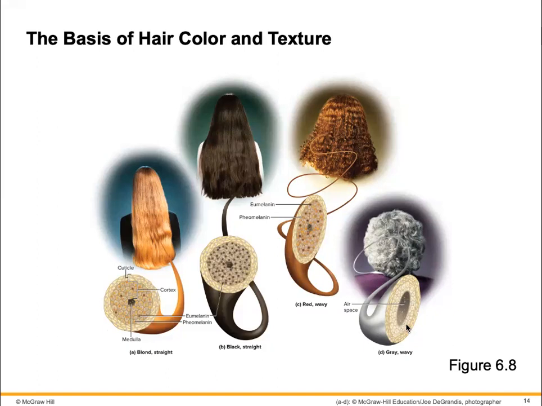When you look at gray hair, if you look at the medulla, which is the most inner part of the hair, it now is an open space. There's air in here, and there is no melanin or very minimal melanin within the cortex anymore. And that's what is contributing to having gray hair.